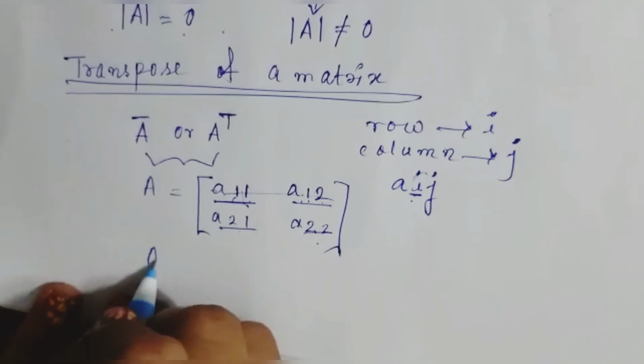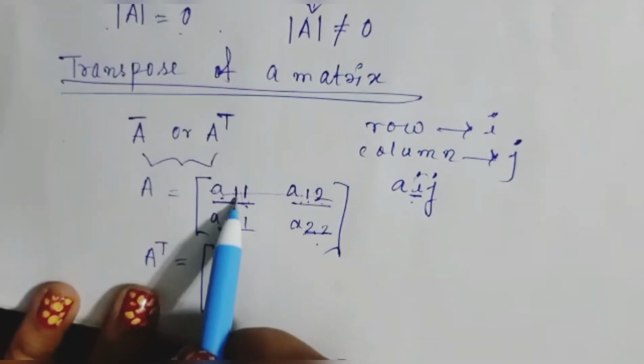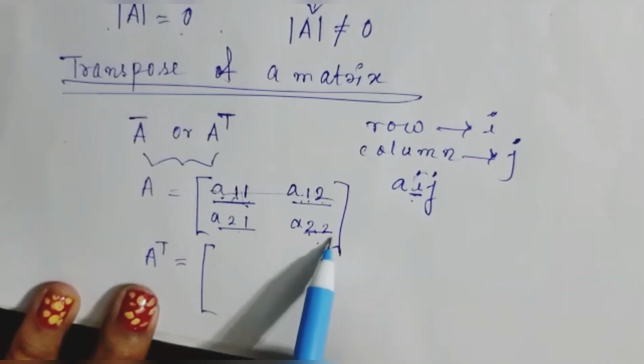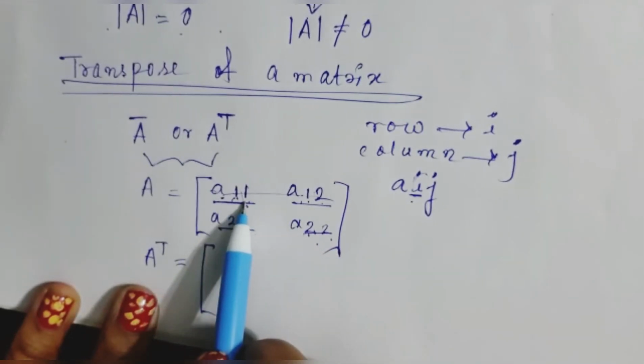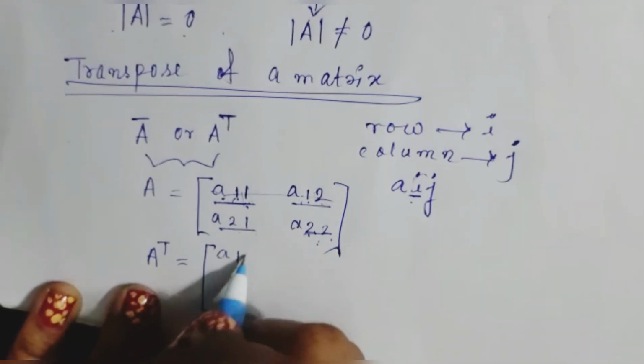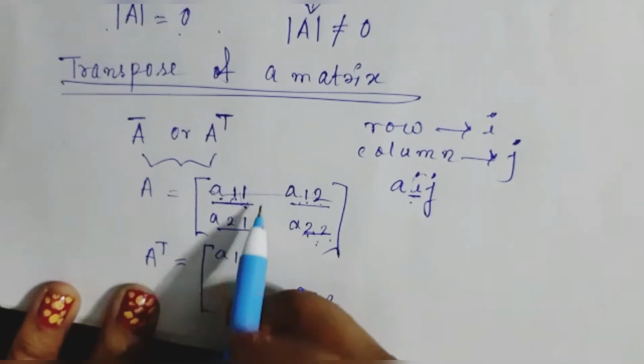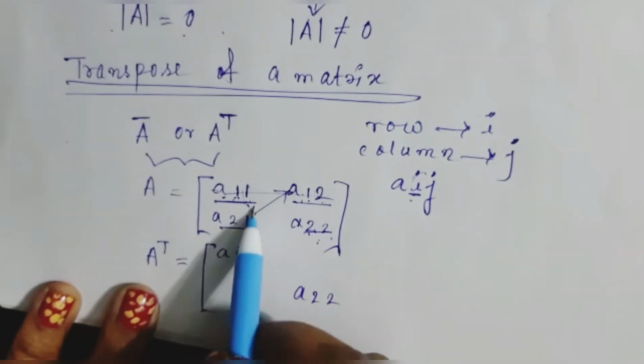Now when you take the transpose, you see this is 1 1 and this is 2 2, with the same row and the same column, so this is going to be the same. You are not going to replace this, just this portion.